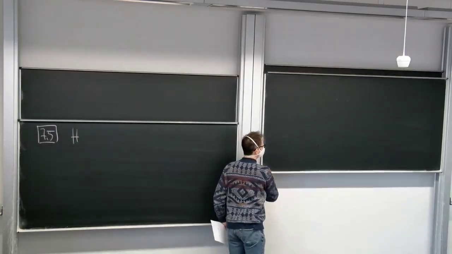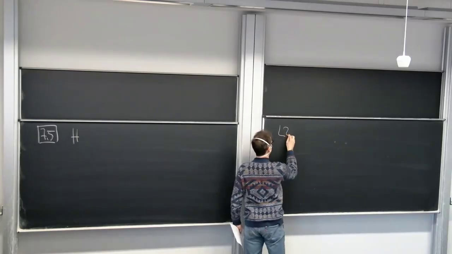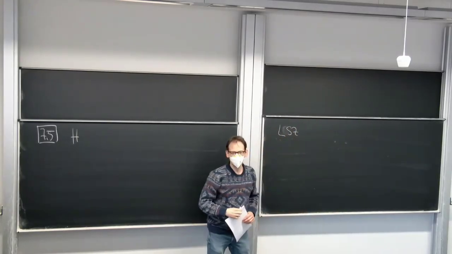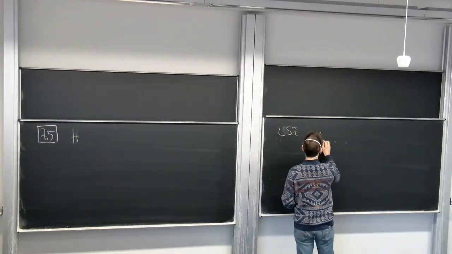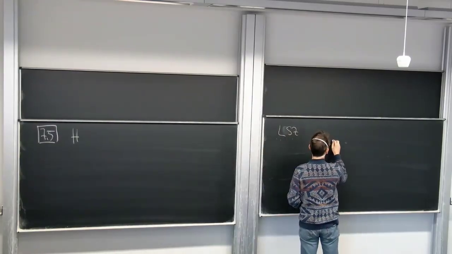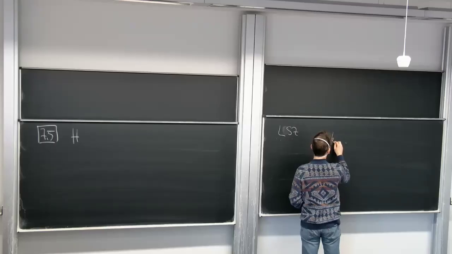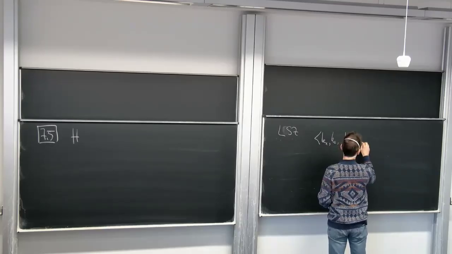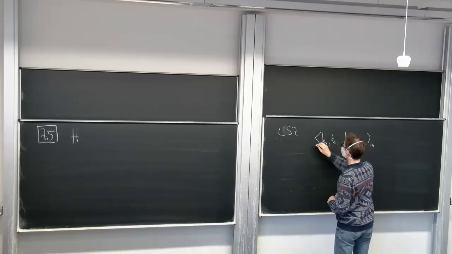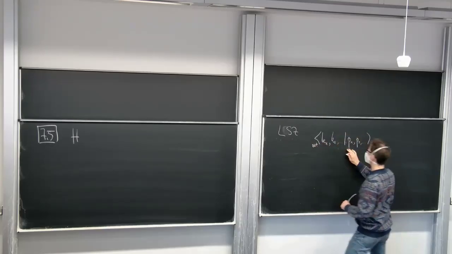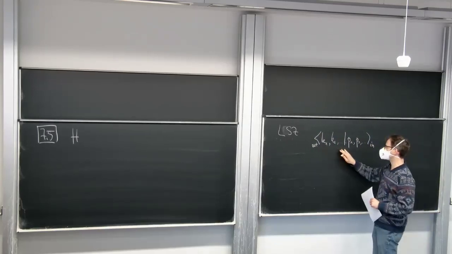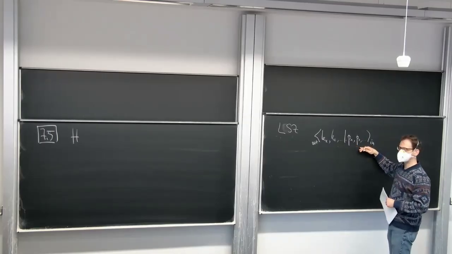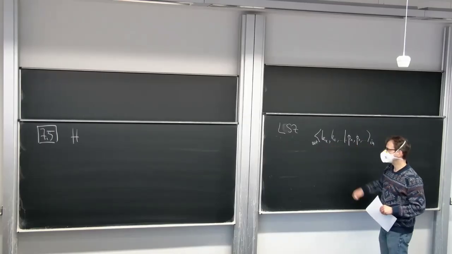So this LSZ formula says you need to find... it's a formula that gives us the scattering amplitudes. A set of incoming particles, a set of outgoing particles, and you want to know the probability that with your in preparation you get this certain out space.